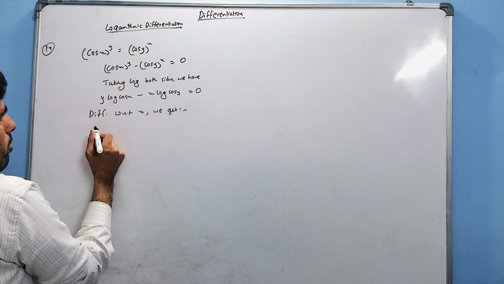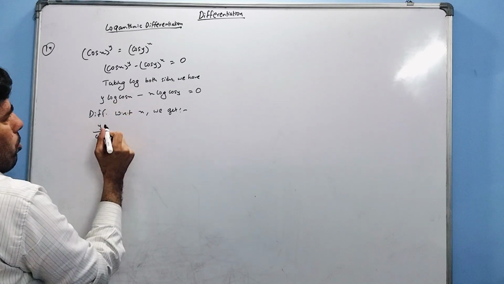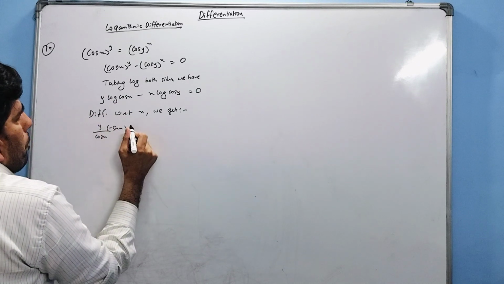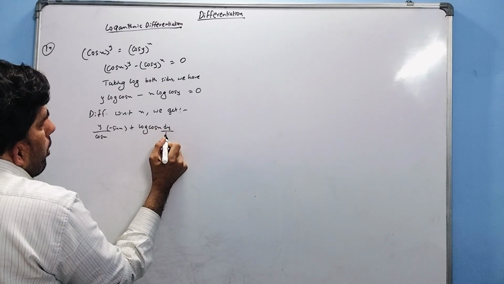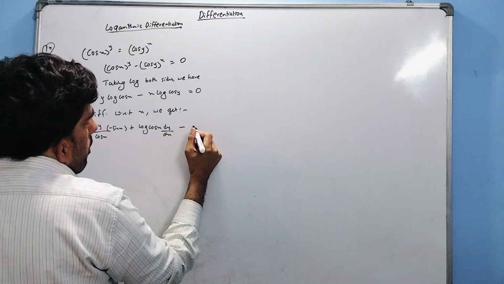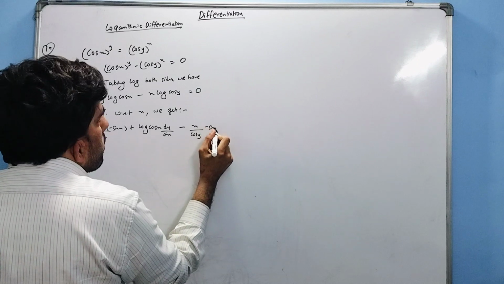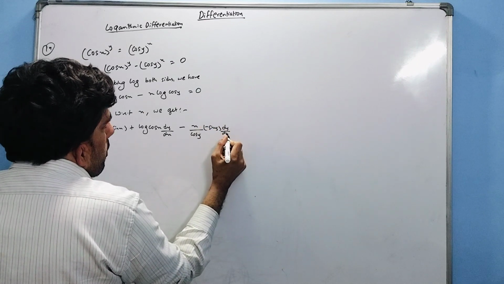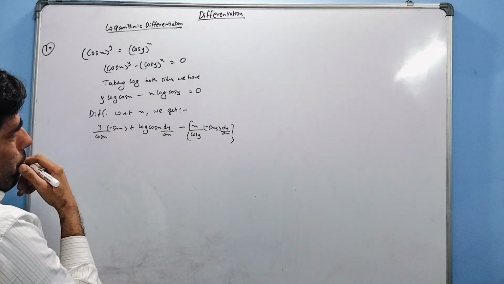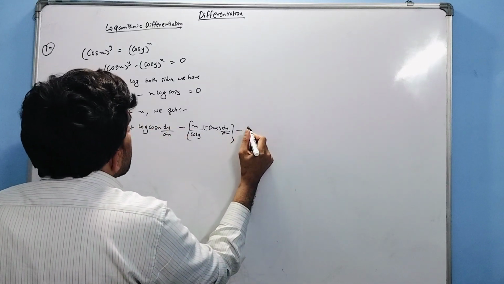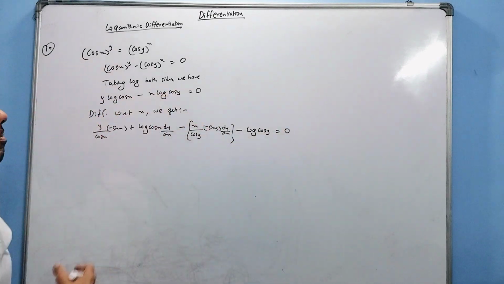We have y upon cos x into the differentiation of cos x, which is minus sin x, plus log of cos x into dy upon dx, minus x upon cos y into minus sin y dy upon dx, and then minus log of cos y is equal to 0, because differentiating x with respect to x will be 1.